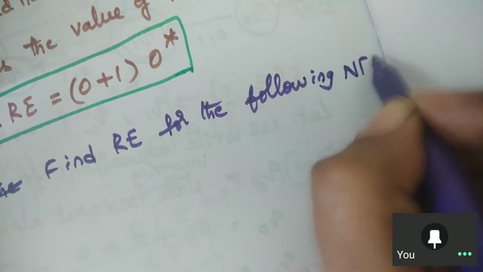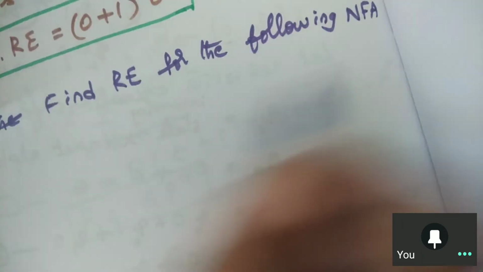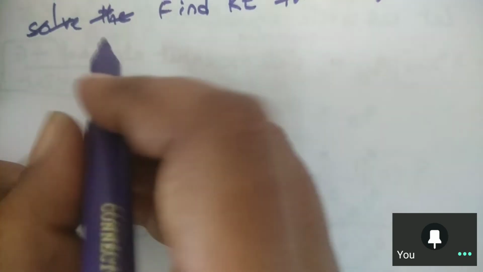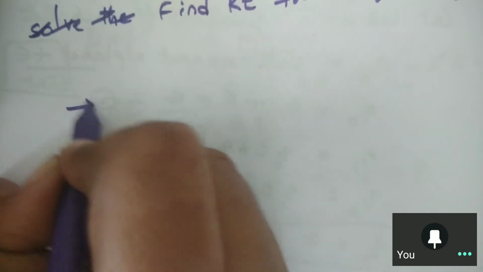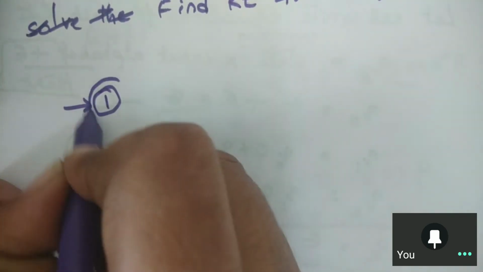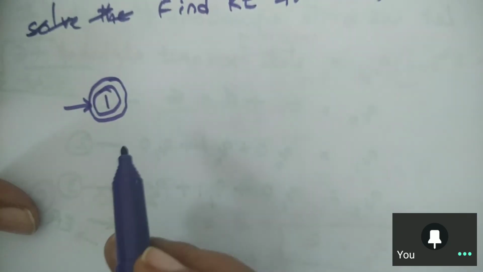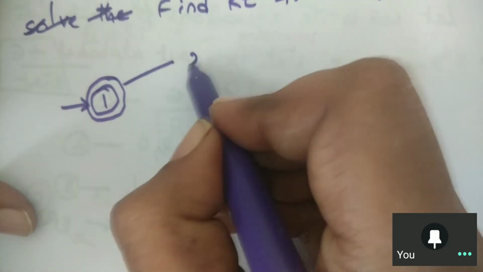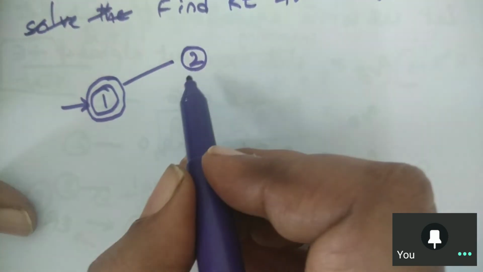For the following NFA. So let us take the NFA. All of you take it parallelly, ma. So we have a state named 1, and this is our final state. I also have a state 2.